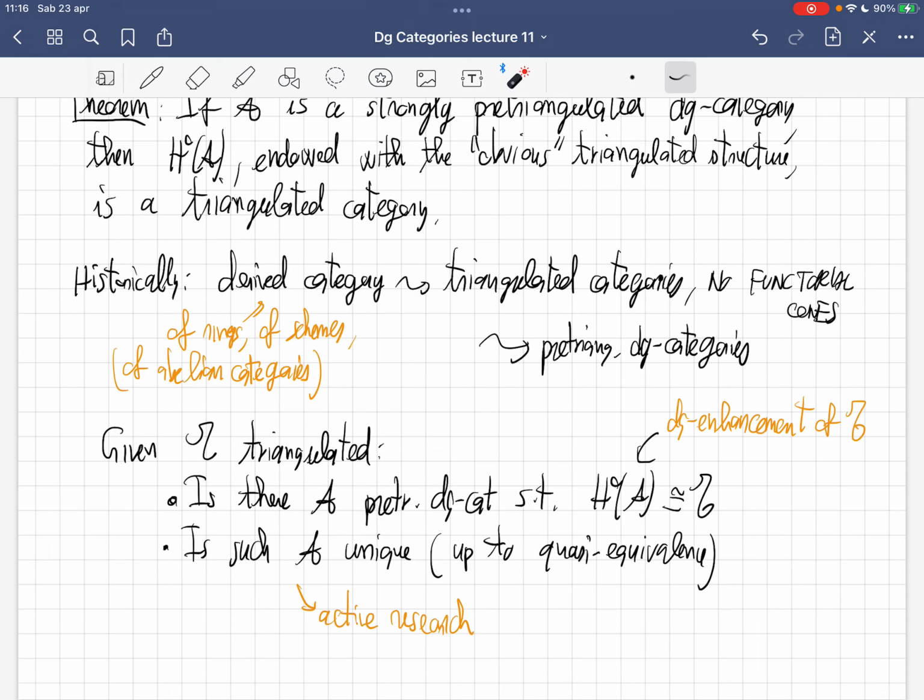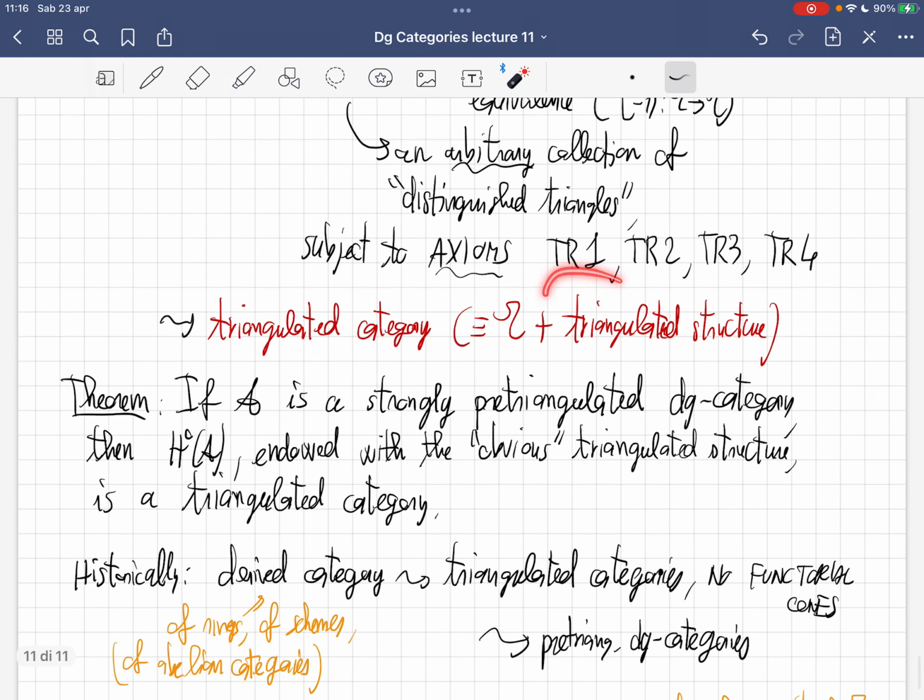Another approach, of course, is to start from DG categories from the very beginning, and you work just with DG categories, and then tier 1, tier 2, tier 3, tier 4 are just properties that are useful for computations, but in your head, the main objects will still be pretriangulated DG categories, or even some more complicated and general notions of higher enhancements for triangulated categories.